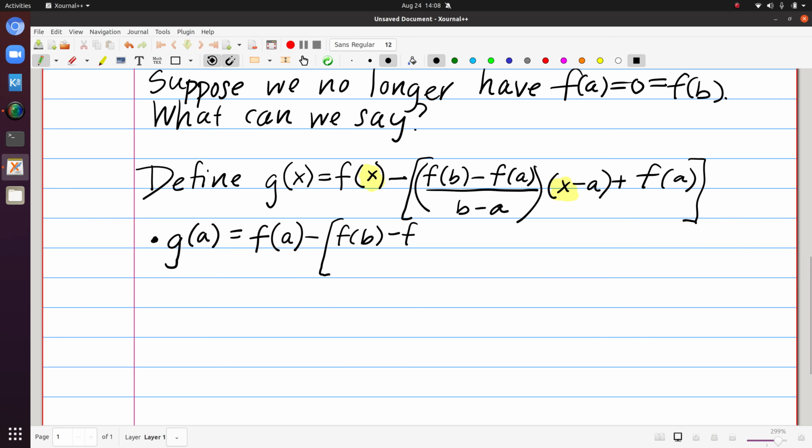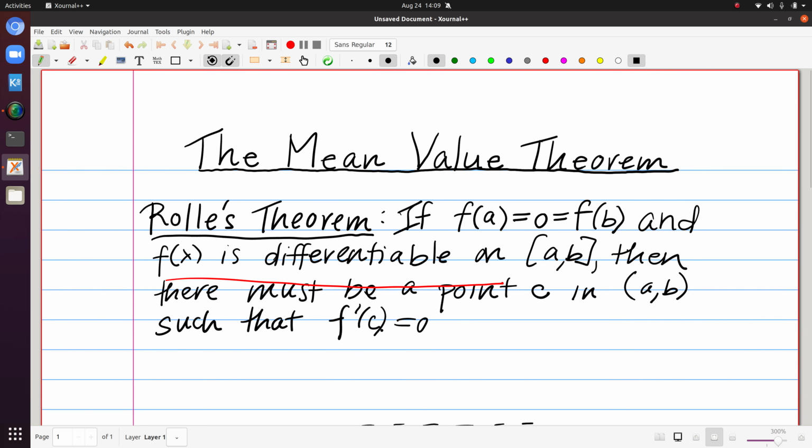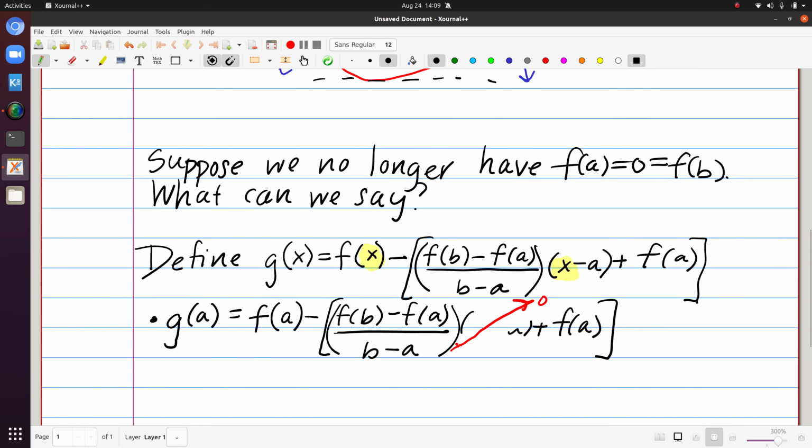This constant is the same. I get an a here, and this constant remains the same. Now, what we can consider is a minus a is 0. So this goes away, and consequently this whole product goes away. And what's left is f of a minus f of a. I've got to distribute that negative sign. And this then becomes 0.